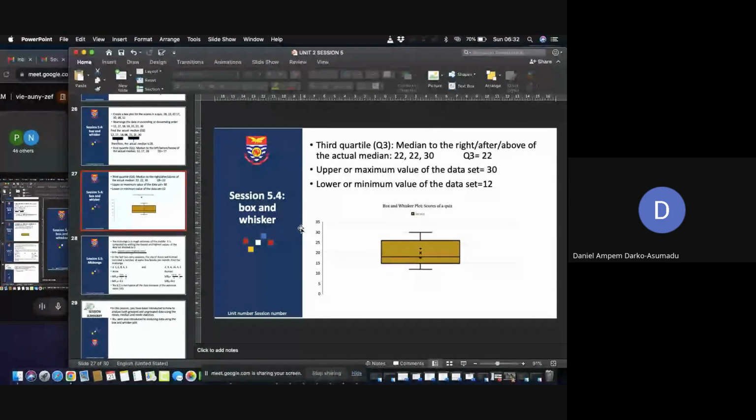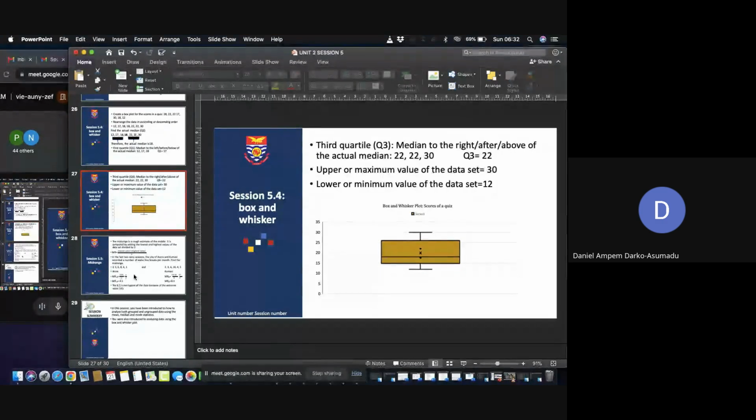You know your minimum value and the maximum value. So here, on the vertical axis, you label your diagram, or you draw it to scale. So here is 0, 5, 10, 15, 20, 25, 30, 35, right? Basically, the scale will depend on the values you have.